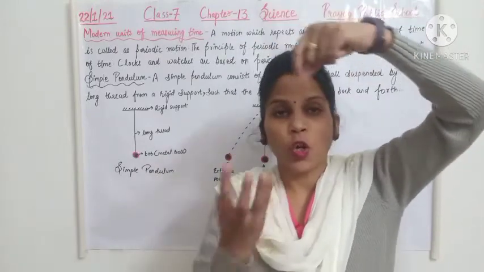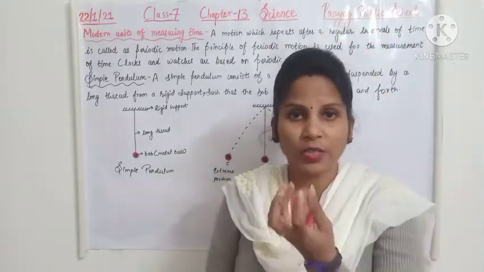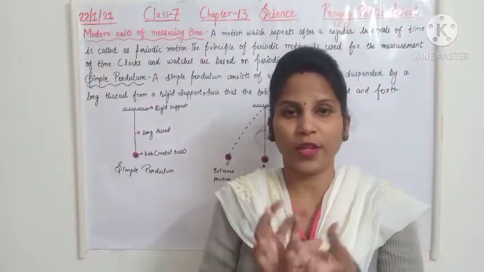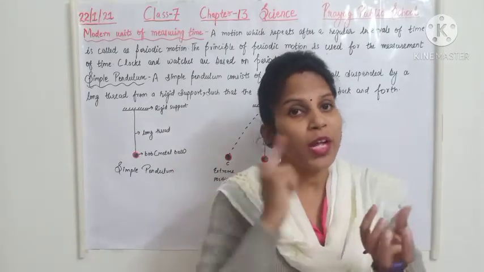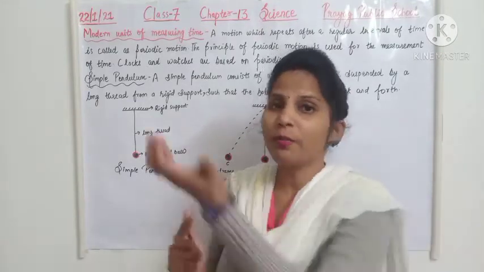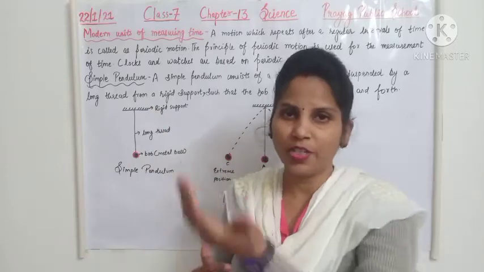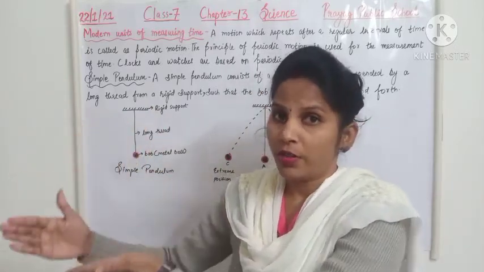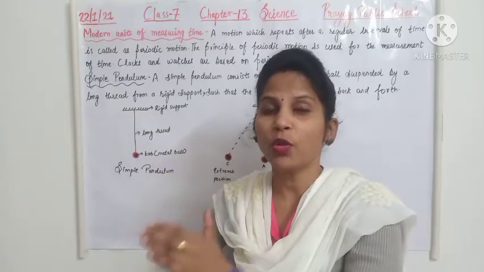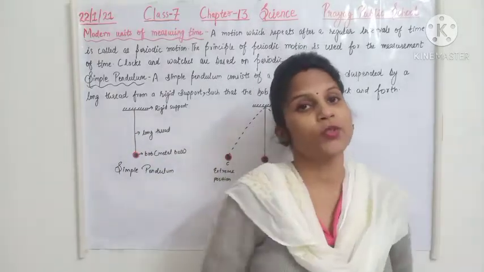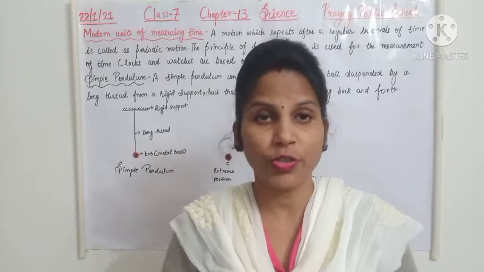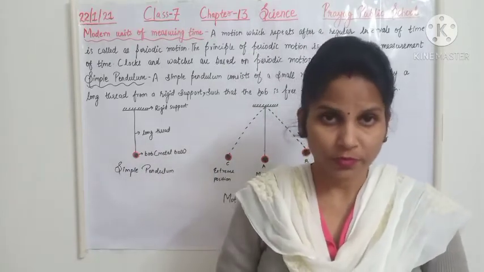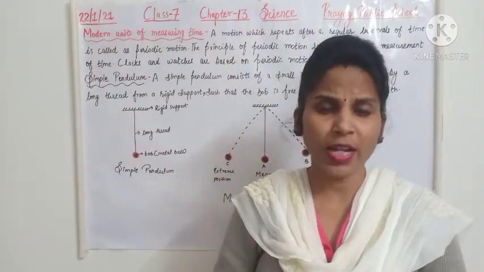Like the pendulum of a clock that you have seen, it moves back and forth. The time it takes to cover the forward distance is the same as the time to cover the back distance. Such a motion is called periodic motion.